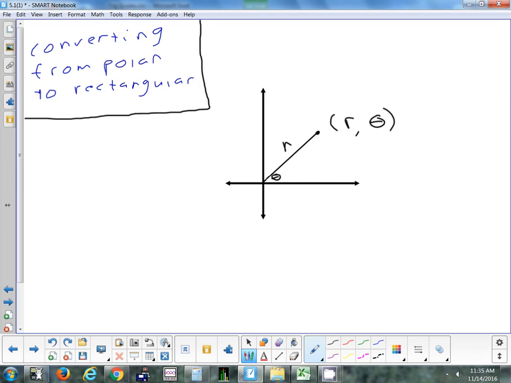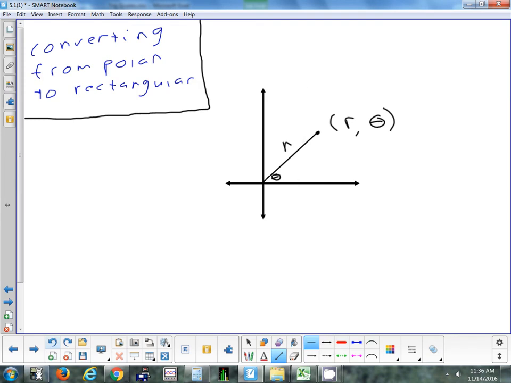Any thoughts on what I can add to this picture to turn it into a certain shape? Make it a right triangle. Yeah, how would I make it a right triangle? Just draw a line. Pretty close. Actually, that did work out okay. I was trying to be more sarcastic. There's a line.